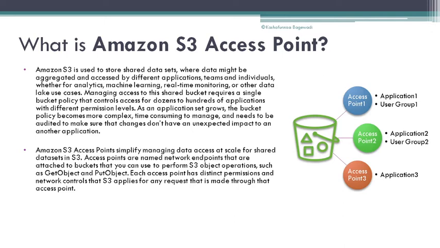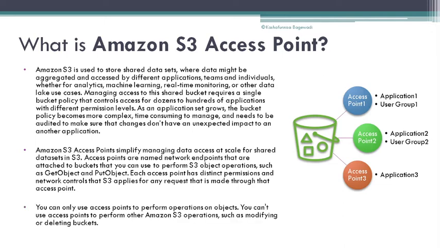If you want to access your data from the internet for some data sets, you can set that. Suppose for access point 3 you set the network control to internet, so you can access your data from the internet with the help of access point 3. So like that you can set different permissions and network controls for each access point, so it will be easy to manage and easy to handle.